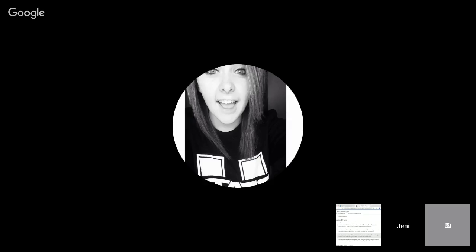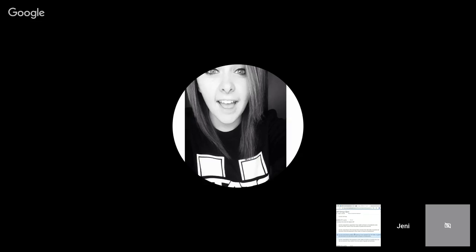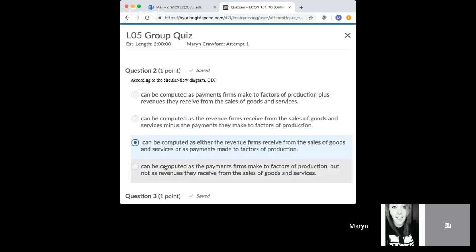That might be the right answer, actually. I think it might be because in the book it says it's equal to the total amount spent in the markets for goods and services, and it's equal to the total wages, rent, and profit paid by firms in the markets for the factors of production. That's right. That's why I was so confused, because that's the only one that says the word or. But then on the PDF, it doesn't say that at all. Okay, yeah, I think it's C. I had totally forgotten about that.